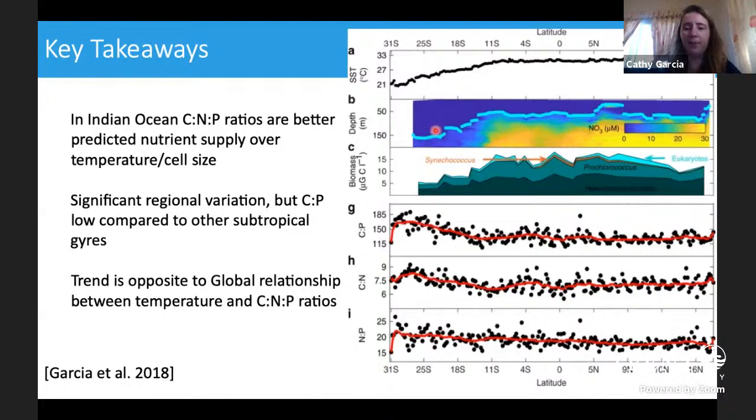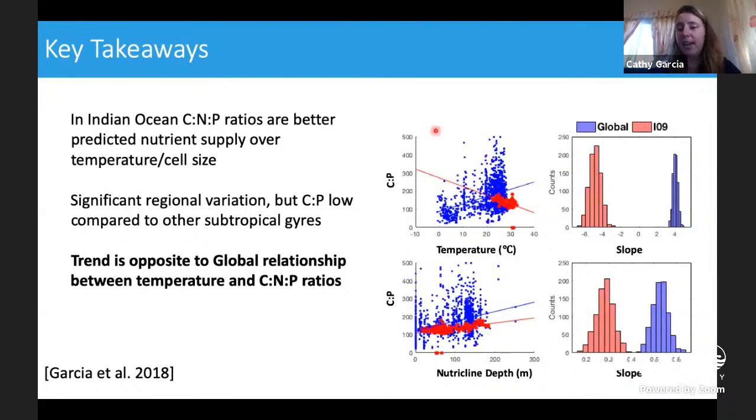changes. And again, going back to the global relationship between C to P and nutricline depth, both the Indian Ocean, in red, and the global relationship have this positive correlation.